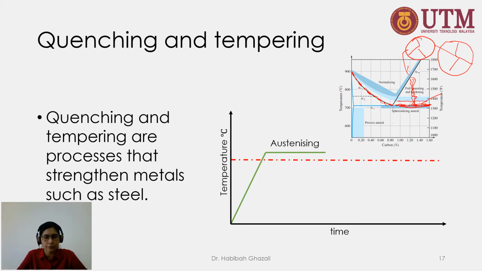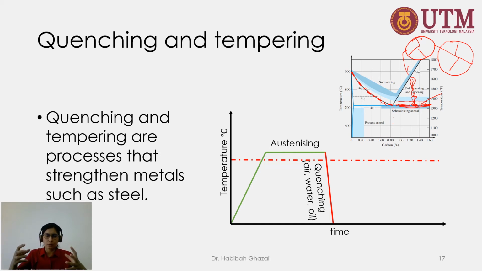And after that, after austenizing, we will perform the quenching process for this heat treatment. So quenching is when we quench the material straight from that austenite phase to room temperature without diffusion of atoms being allowed to happen.